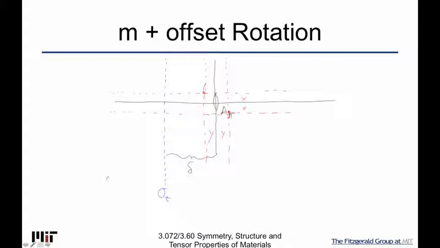So this would be x and x, and this would be y and y. Now, what happens here is that this element gets moved over here, and then with the glide plane gets reflected over here, and then translated by tau to here.